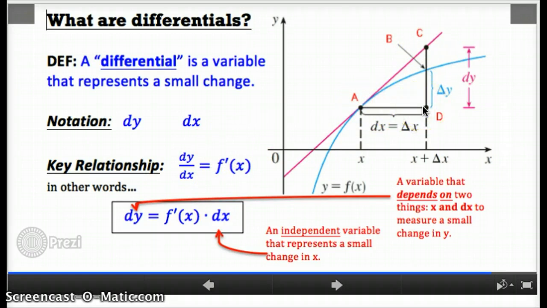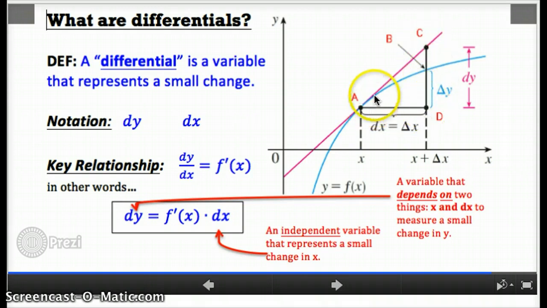And Leibniz's idea was, well, this distance, which is a change in y, it's a vertical distance, if this triangle really were infinitely small, right down here, this distance would be almost the same thing as this light blue distance, which is how high the function really is, how much it's changed.